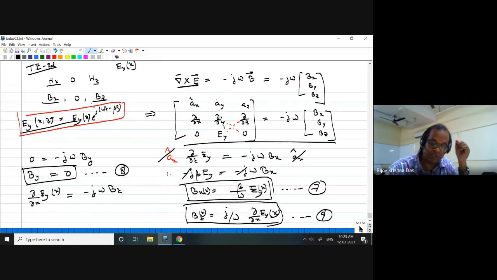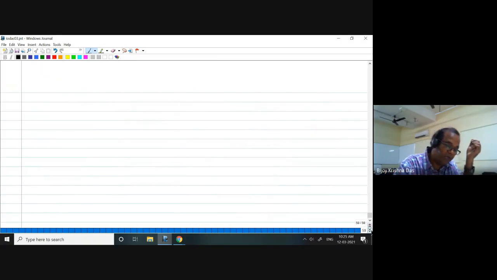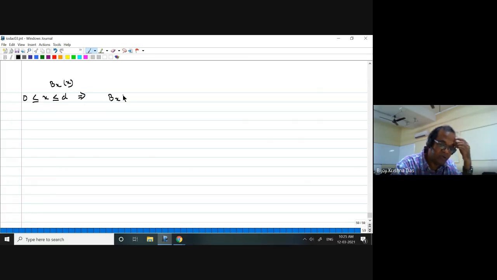Bx I can write just proportional to this one. So for the 3 zones, let me calculate bx of x first, for the zone x less than d and greater than or equal to 0. That gives me that bx of x should be beta by omega, right?